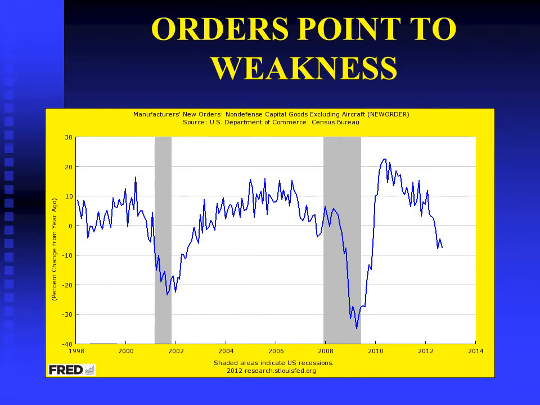This is an excellent indicator that tells you what happens to the economy. The gray lines here and here are periods of recession. This is the recession of 2008. Again, we are in 2012, and look at this: manufacturers' new orders, non-defense capital goods excluding aircraft, is a very sensitive piece of information.